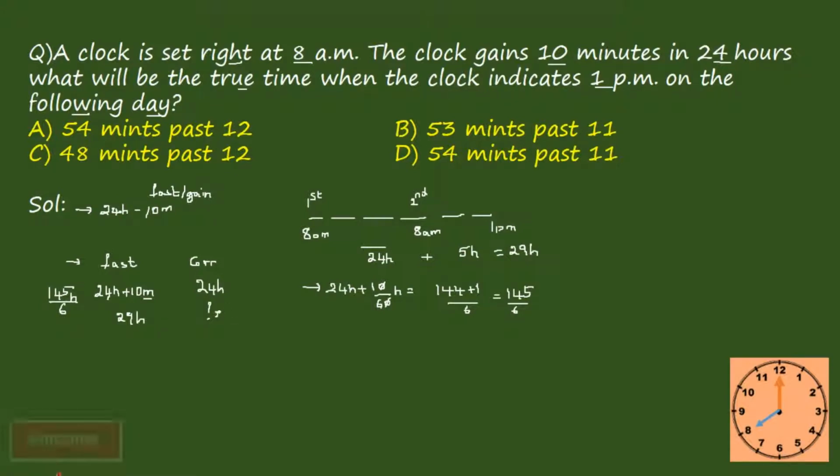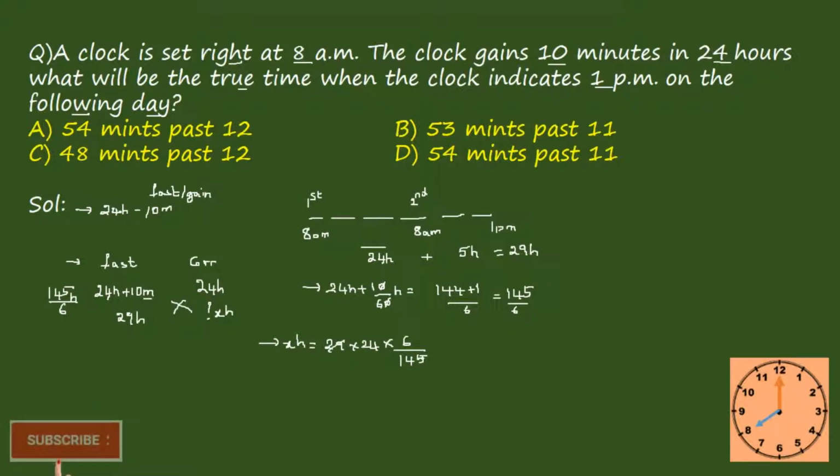If you consider this one as x hours, defining the x hours as the correct time, then x hours is equal to nothing but 29 into 24 hours into 6 by 145, right?